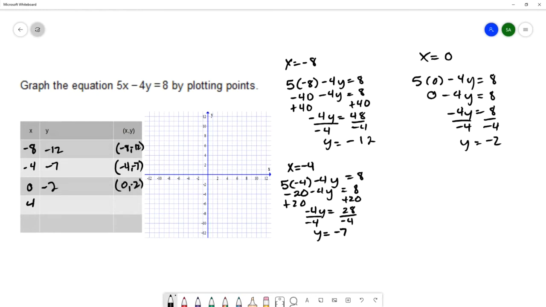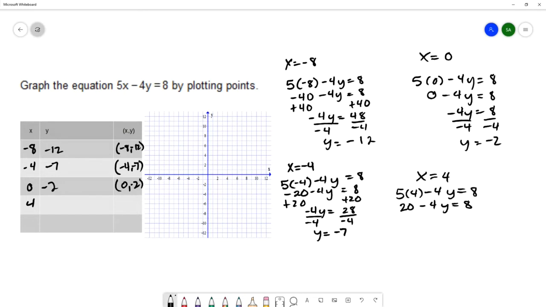We have one more x value. That's x equals 4. And that would give 5 times 4 minus 4y equals 8. 5 times 4 is 20. So we have 20 minus 4y equals 8.